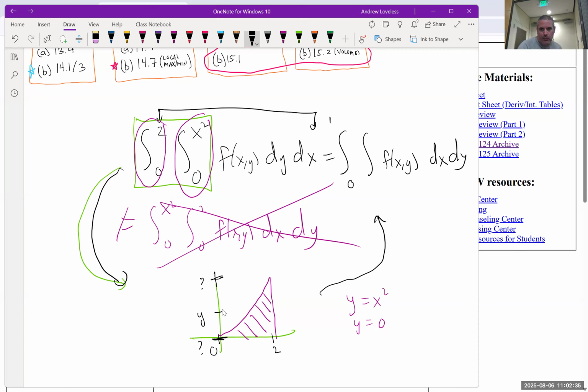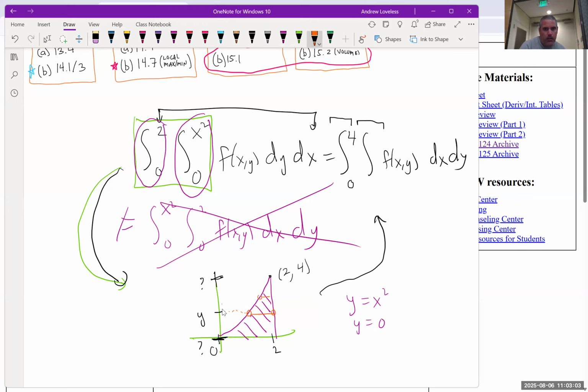Oh yes, somebody in the chat is giving me the bounds here. And you can really do those separately, but the tick marks are 0 to wherever this is. And since the x is 2, the y has to be 4. Okay, so it's 0 to 4. And then the inner bounds need to be, if I start walking, where do I hit my region and where do I exit?